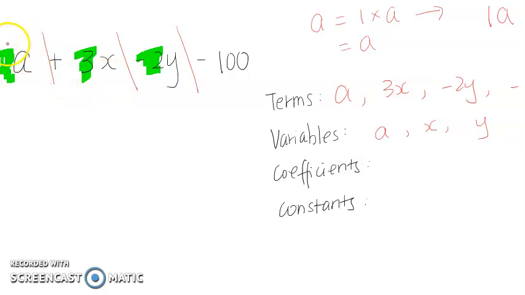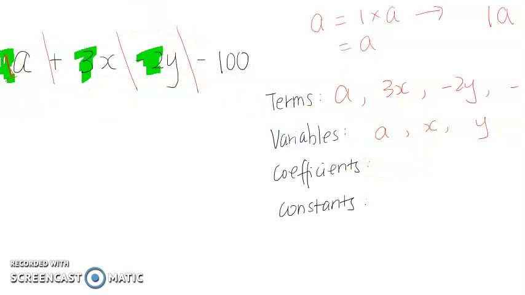So when we see A, the variable alone, we actually see there's an invisible 1. So this is actually the same as 1A. We can say the coefficient is 1. We cannot say there's no coefficient, because if the coefficient is nothing, that means 0 times A, which would give us 0. It no longer exists. So it is 1 times A, 1A, so the coefficient is 1.